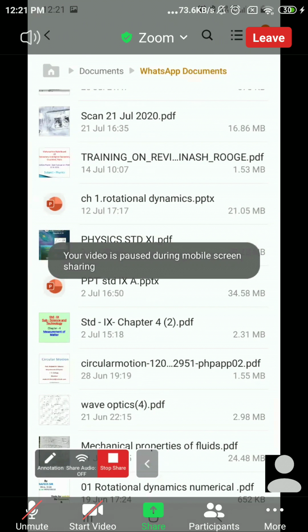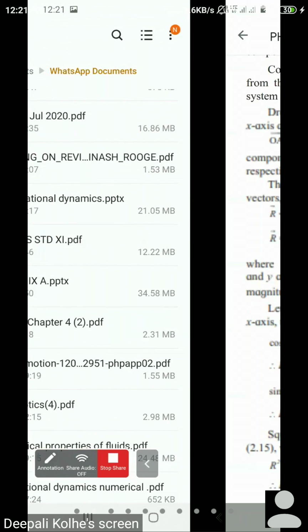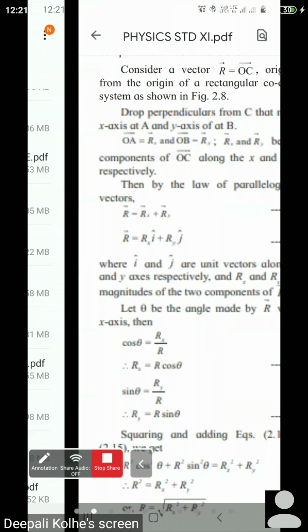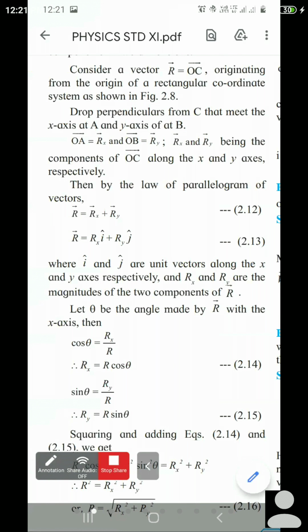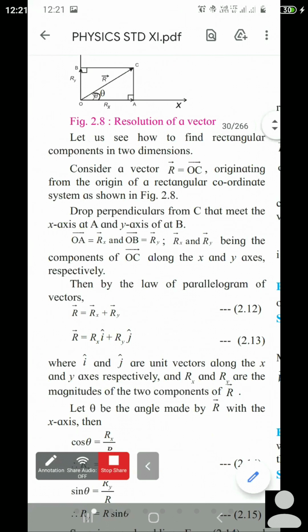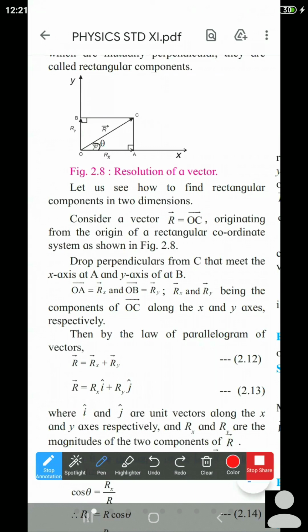Just now I am again sharing the screen. Okay. See here. So according to the law of parallelogram, Krishna, please don't do anything. Krishna, please stop it.